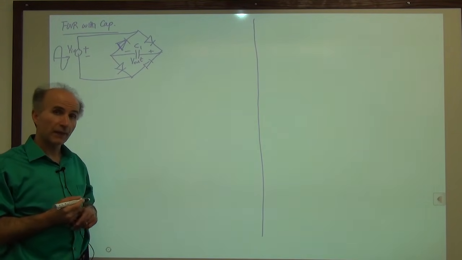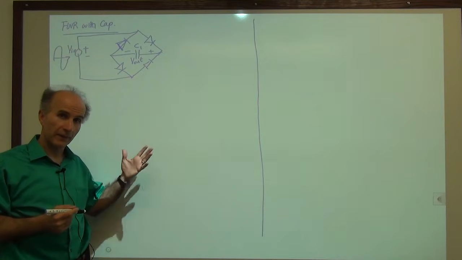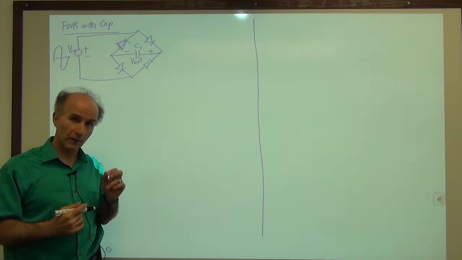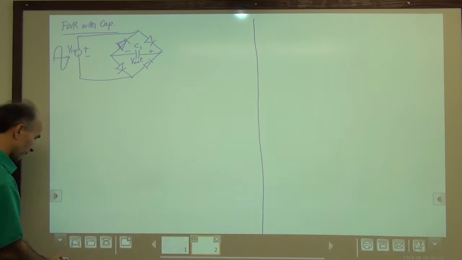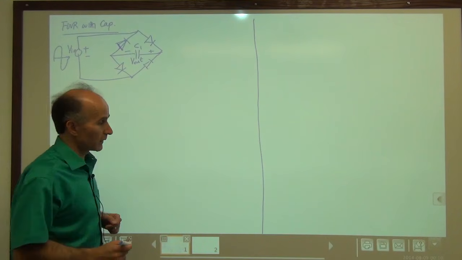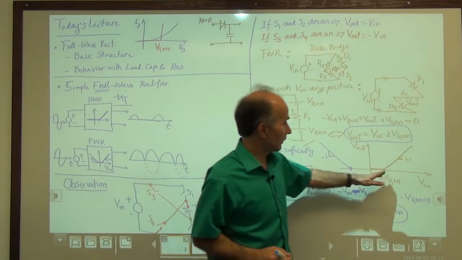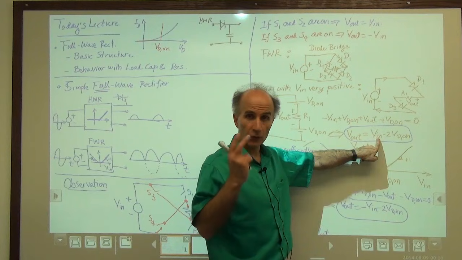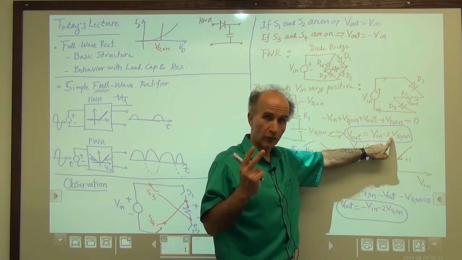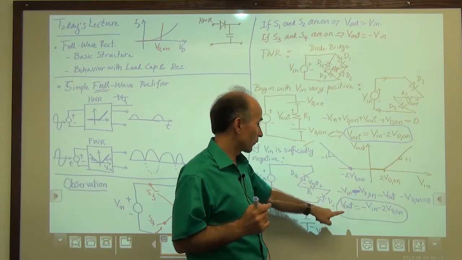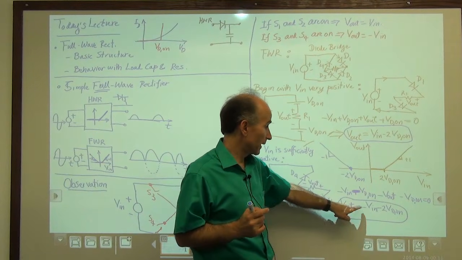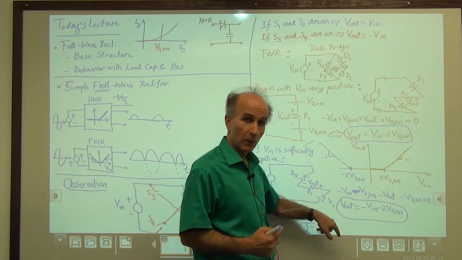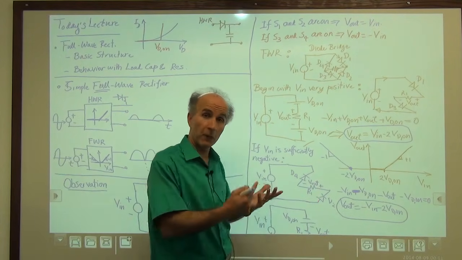Well, given that we just studied what happens in the circuit for positive voltages and negative voltages, in particular, if I go back to the previous page for a second, we saw that for positive voltages, the output is pinned to the input with two diode drops between them. And then for negative voltages, it is pinned to minus input, again with two diode drops. We can see that this would hold even if we have a capacitor.